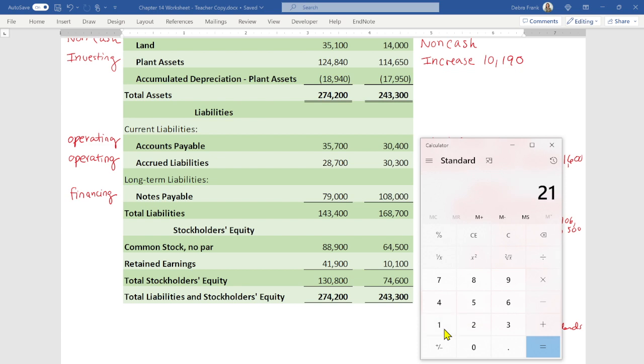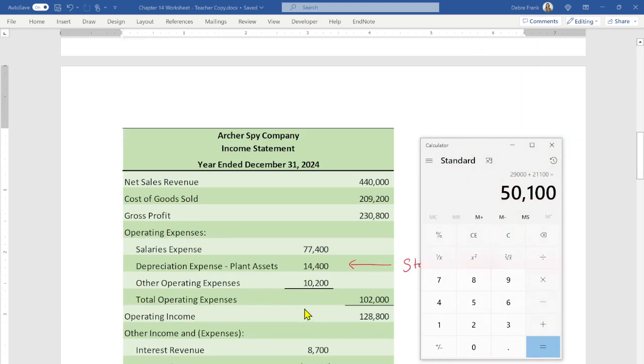So let's add that as well into that difference. I erased it by accident, so let's redo it. Now we can see that 50,100 is what we need to account for. So we're going to record that.